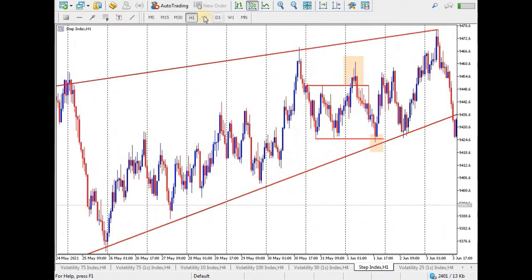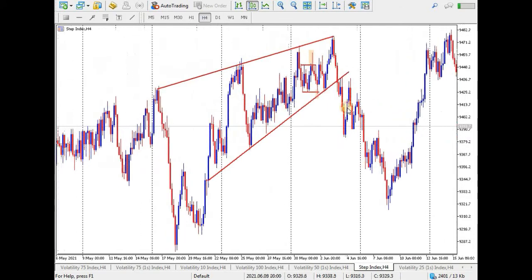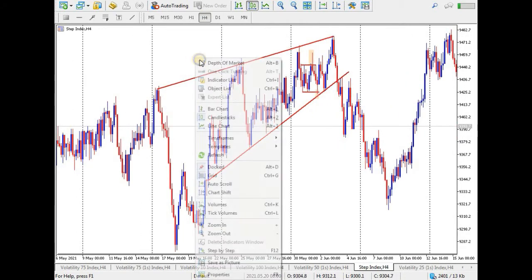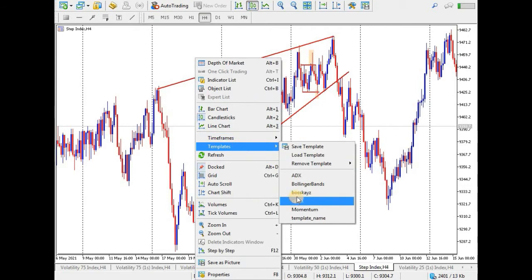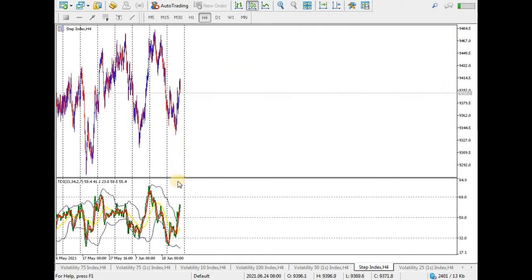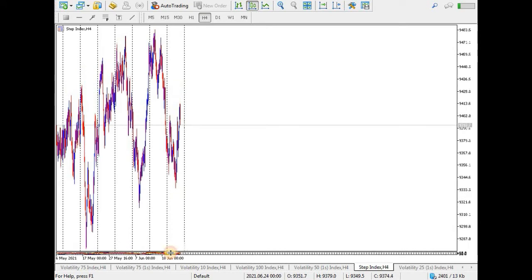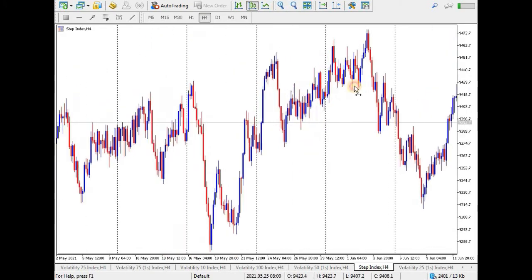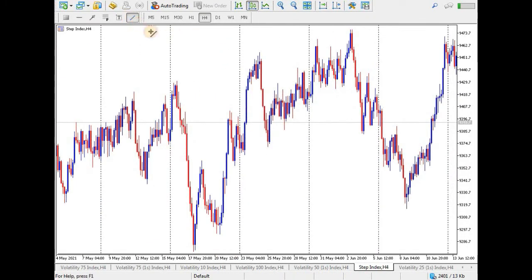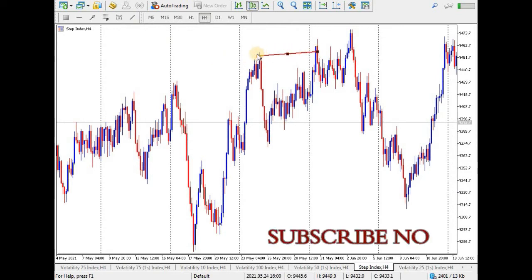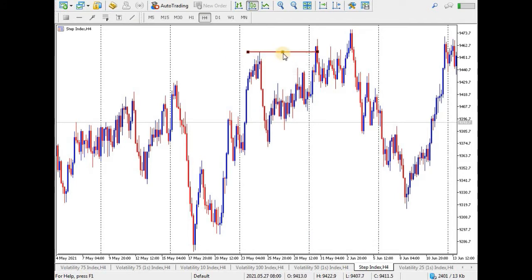So as you can see here guys, firstly we'll go to our H4 time frame, and let's just clean the chart so that you can have a clear view. While the market was going up, it took out the previous high, creating a new high, and also this was our previous high here.